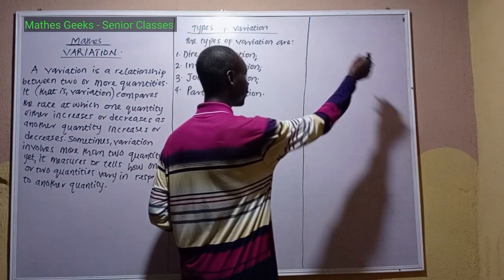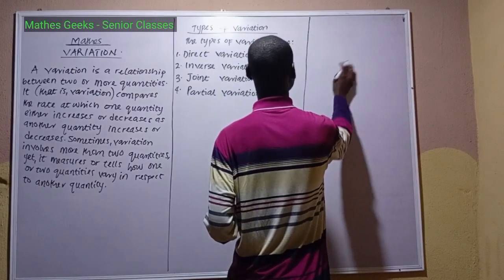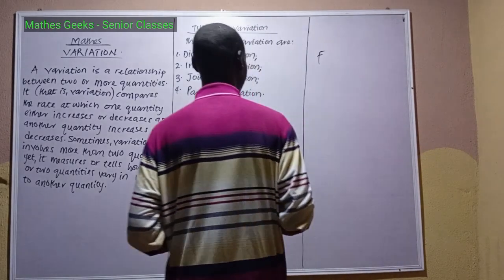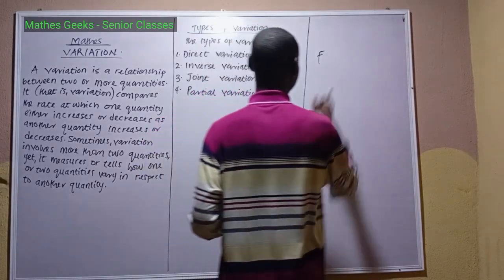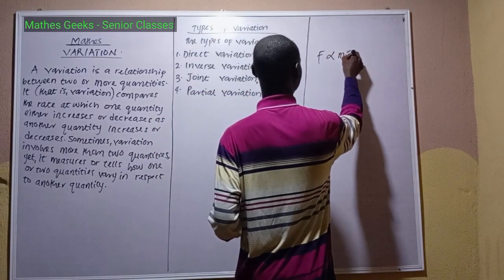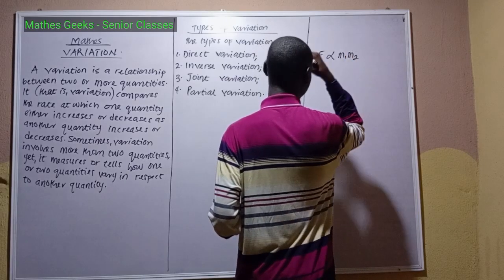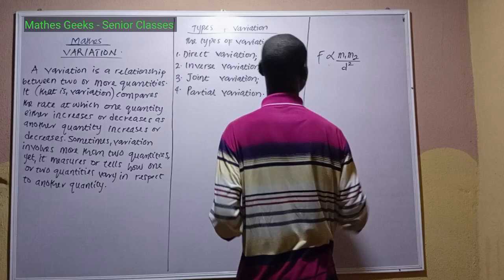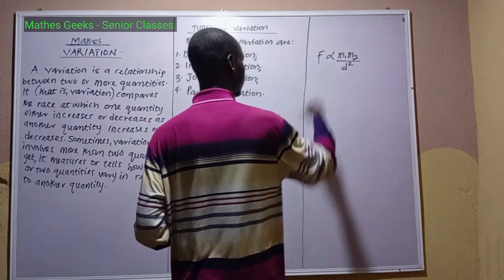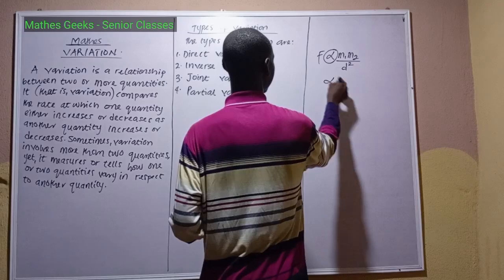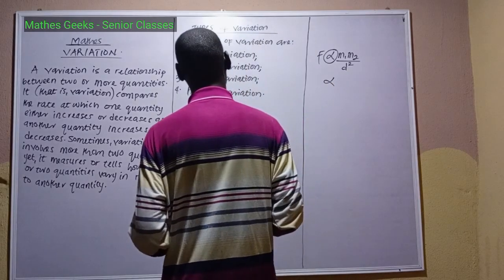Take for instance Newton's law, which states that the gravitational pull on objects is directly proportional to the product of the masses of two bodies, and it's also inversely proportional to the square of the distance. So here you see this sign or symbol, which is referred to as the symbol for variation.